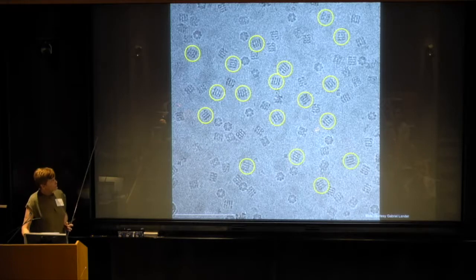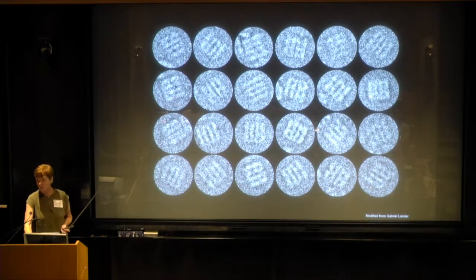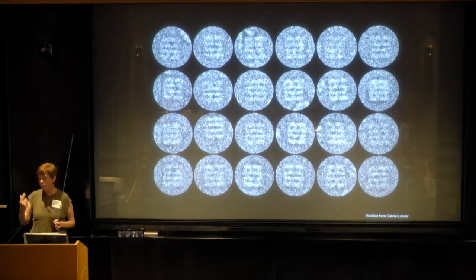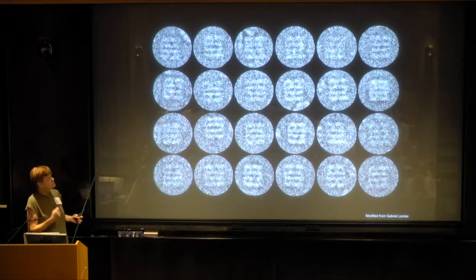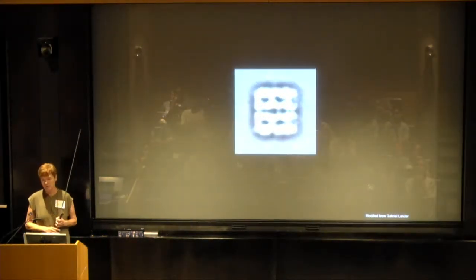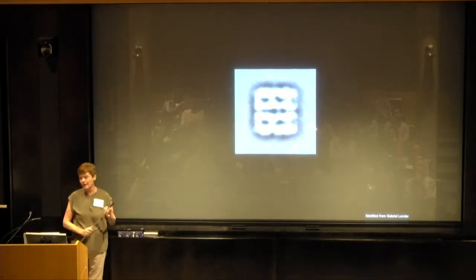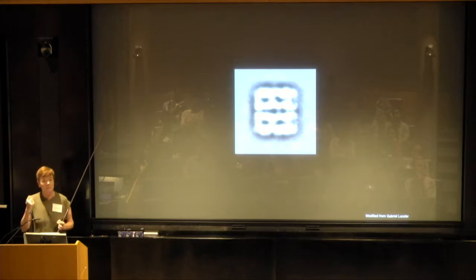But we can get around the noise by picking lots of self-similar particles, and this is what Joachim was talking about before. We can cut them out of our images, and now we have to rotate and translate them into the same positions so that we can average them together and get around our signal-to-noise problem. So that's basically what we're doing. But this translational and rotational alignment has to be very good, and that's partly what Joachim was mentioning before.